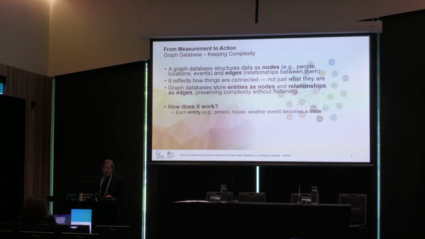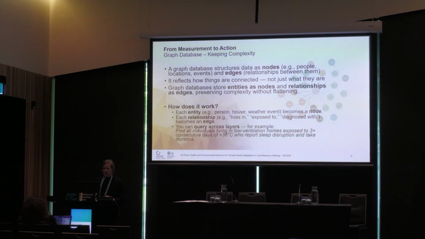Essentially each entity, like for example a person, a house, a weather event, becomes a node, and then you annotate the relationship as an edge. So for example, a person lives in this house, a person is exposed to this weather event. So this is how, on a simple scale, you would build up the graph database. And this allows you to build really complex queries as well.